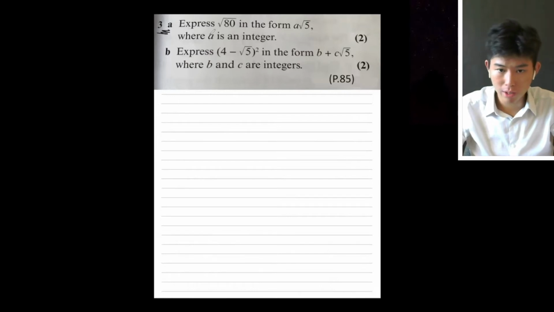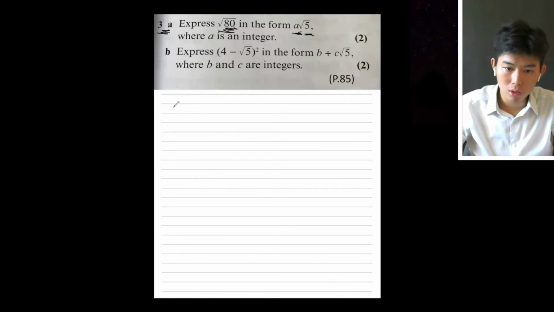For question 3, they want me to express root 80 in the form of a times root 5. So the only thing that I know is root 80 will be equal to a root 5. So how can we know the a?